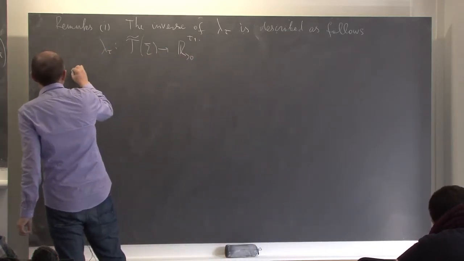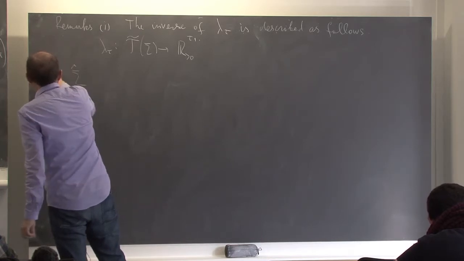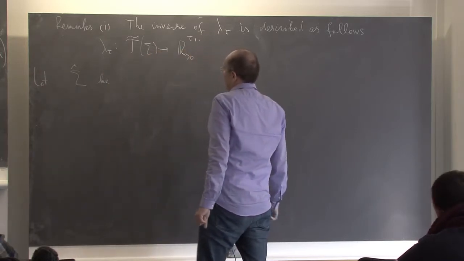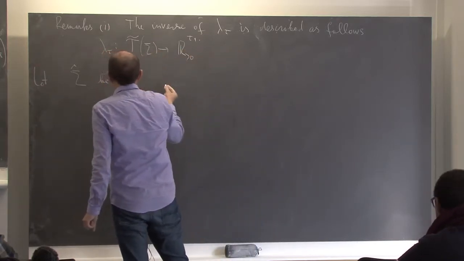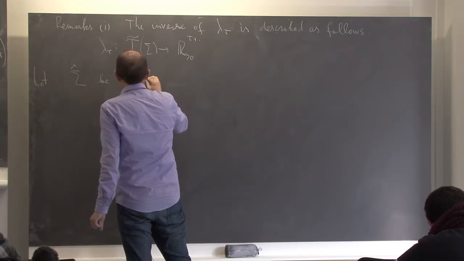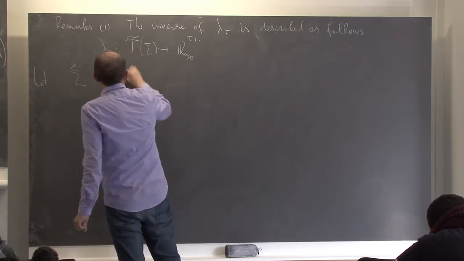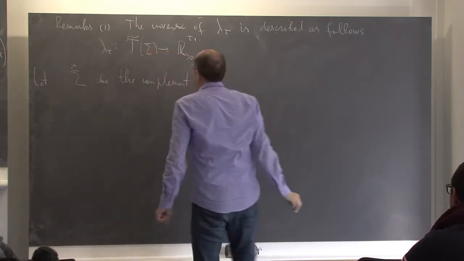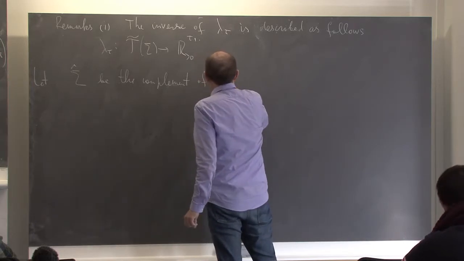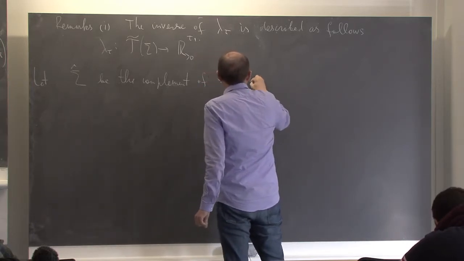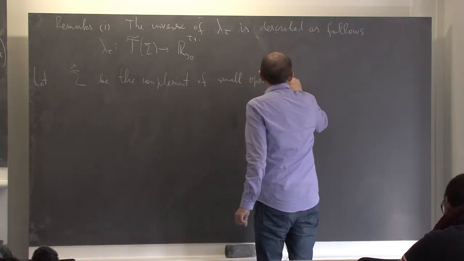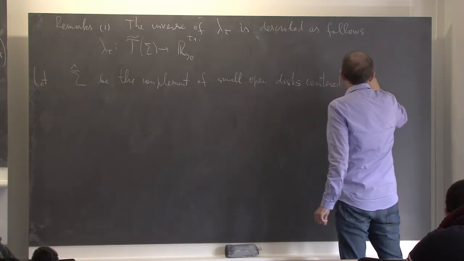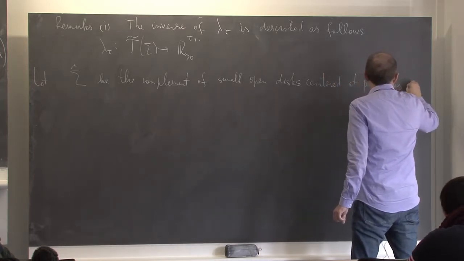So we take a sigma hat. Let sigma hat be the complement of small open disks centered at punctures in sigma.